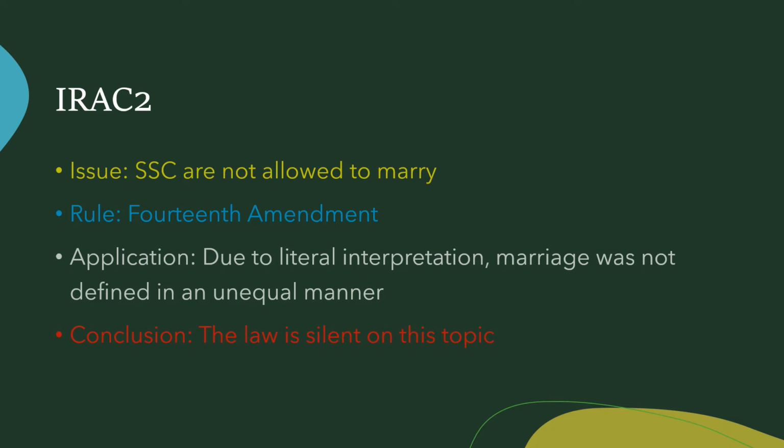So you would have, for example, reading the dissent, you could come up with the idea that the issue is indeed that states are not allowing same-sex marriage, that the rule is indeed the 14th Amendment, that the application of that rule, however, must be literal, and that if we interpret the rule literally, we can come to the conclusion that it says nothing about marriage needing to be extended to same-sex couples, because that's simply not something that's expressly considered or mentioned, that the treatment is not unequal, and that the conclusion therefore is that no legal steps need to be taken because there's no clear breach of the 14th Amendment.